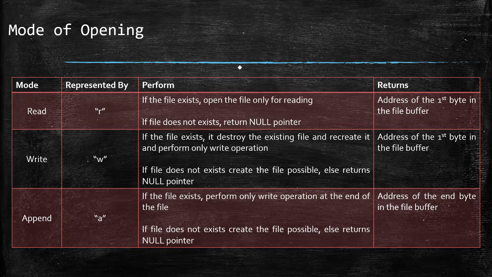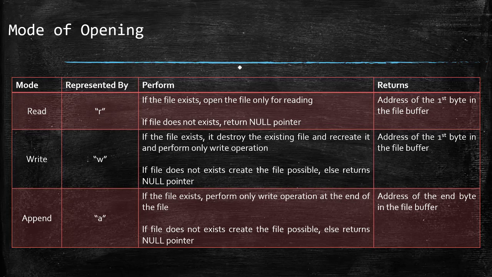So if we want to create a file which is not previously there, we are going to open that file in write mode. Now there is a possibility that the disk is write protected where we want to create the file, or the disk is full, so we cannot create that file. In those cases, it will return a null pointer.